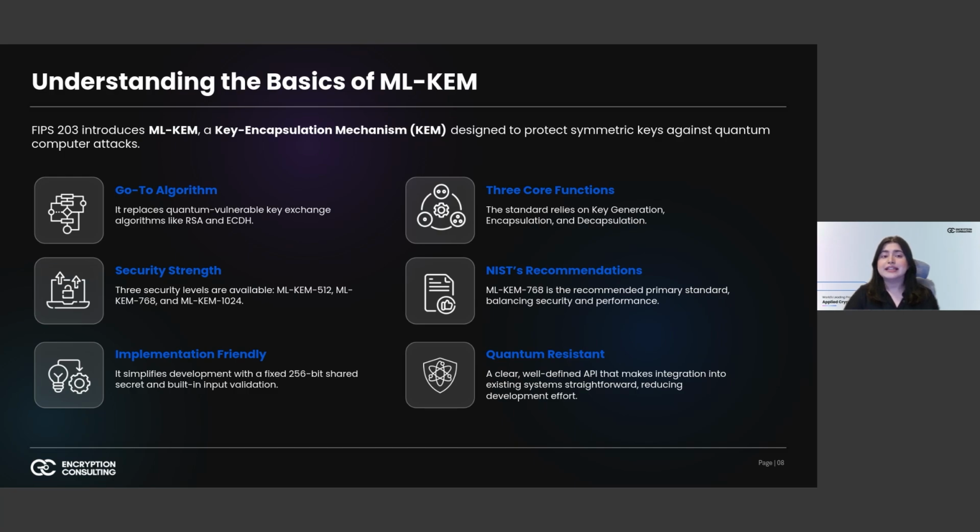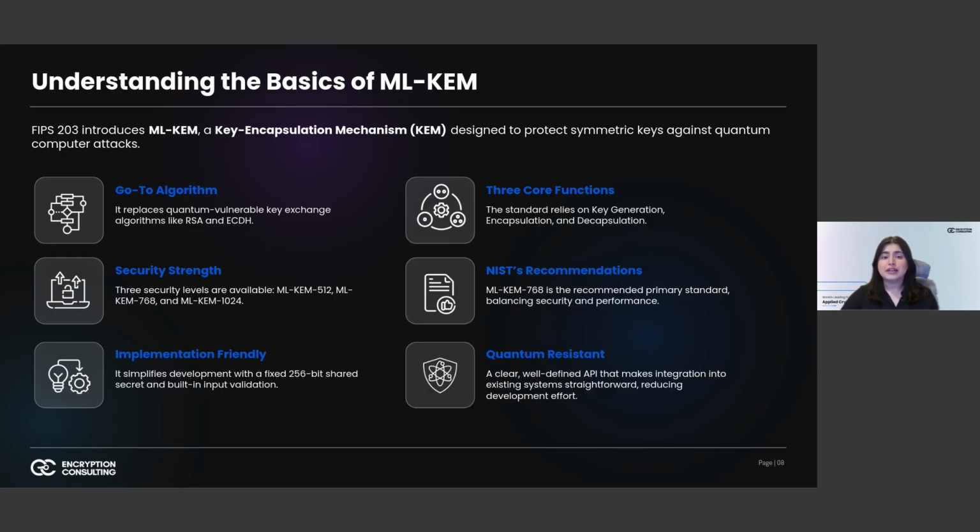All right, let's start with the most critical piece of the PQC puzzle, FIPS 203. This is the standard that introduces ML-KEM, our key encapsulation mechanism. Think of ML-KEM as the absolute go-to algorithm for key exchange. Its job is simple: securely protect the secret keys we use for encryption against any future quantum computer attacks.